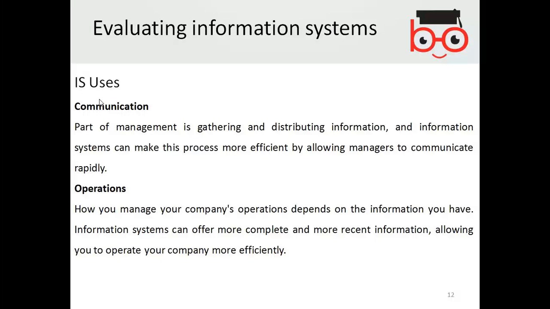That is one of the important uses. Operations: how you manage your company's operations depends on the information you have. Information systems can offer more complete and more recent information, allowing you to operate your company more efficiently.